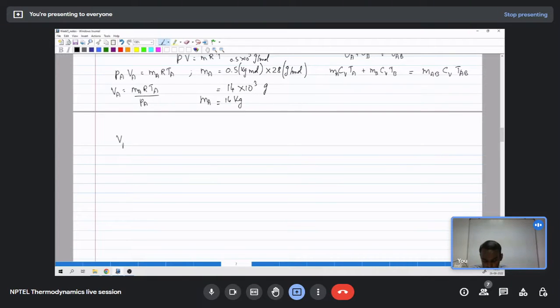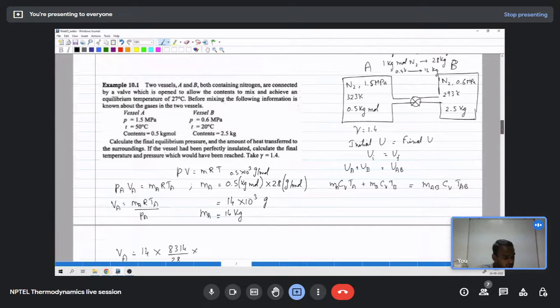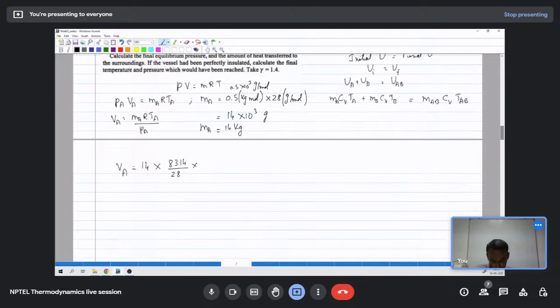So VA is, mass of vessel A is 14 kg into the characteristic gas constant, which is given by the universal gas constant divided by the molecular weight. So the molecular weight of nitrogen is 28, into initial temperature 323 Kelvin, and initial pressure is 1.5 megapascal.